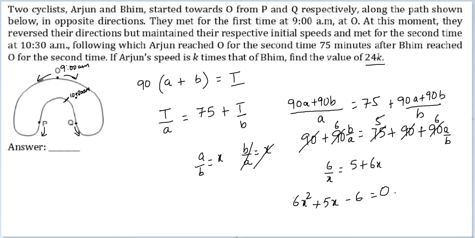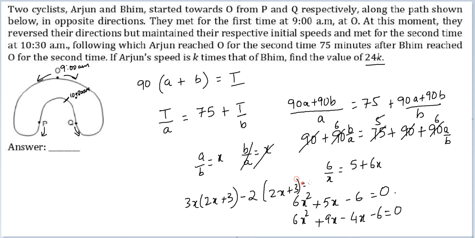Okay, so I can break this down as 6x² + 9x − 4x − 6 = 0. Take 3x common, I get 3x(2x + 3) − 2(2x + 3) = 0. So x is equal to 2/3 or −3/2.